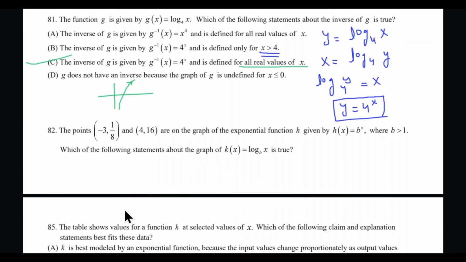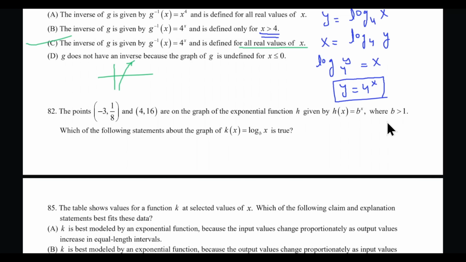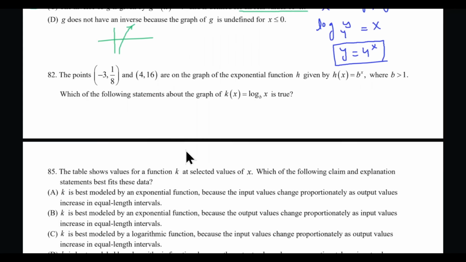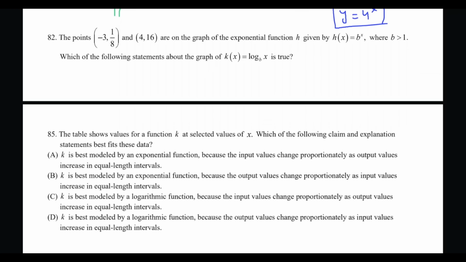Okay. The points are on the graph of the exponential function. Which of the following statements about k equal to log of x with base b is true? I hope you understand, without even solving, that b to the x and log of x to the base b are inverses of each other, right? If these points are on this function, then if we swap the x and y, they would be on this function.